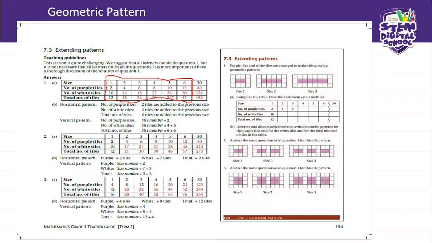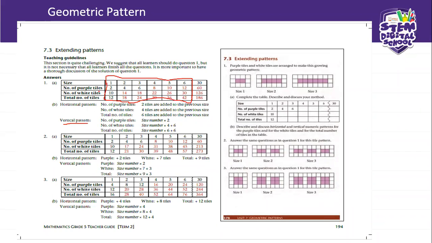Right. Look, I'll use this one. I'll even use size 4. Right? Now, looking at here, especially under the vertical pattern, 30.